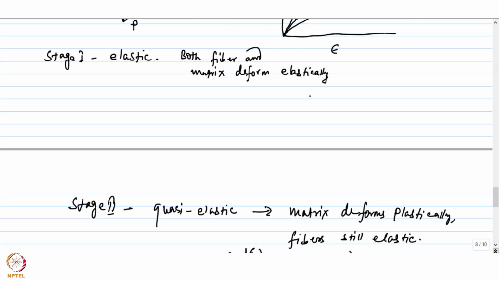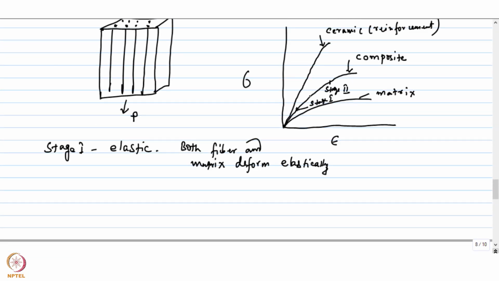On the stress strain curve, it will be the upper portion. So from here onwards, after stage 2, this portion is stage 3.